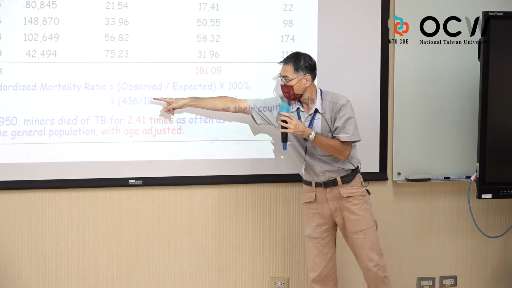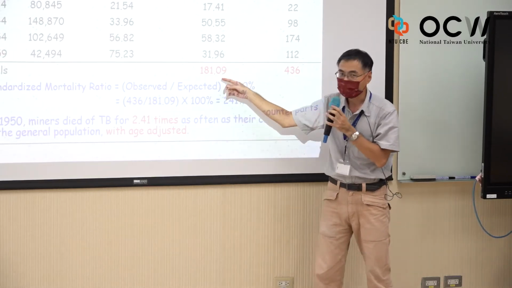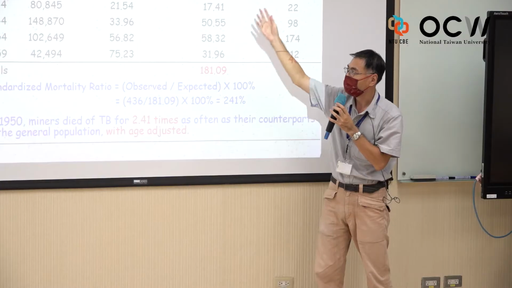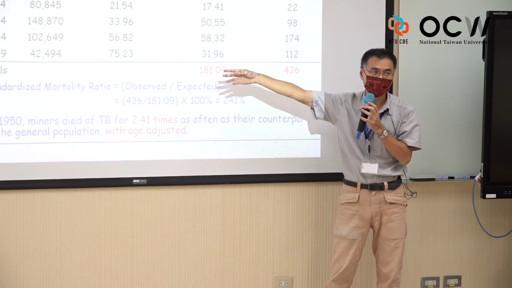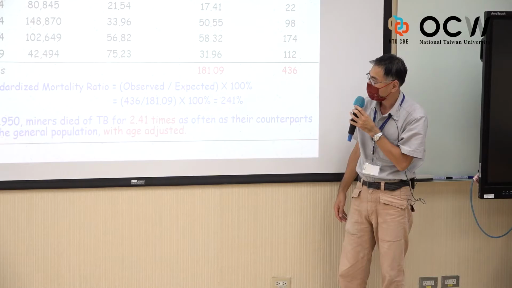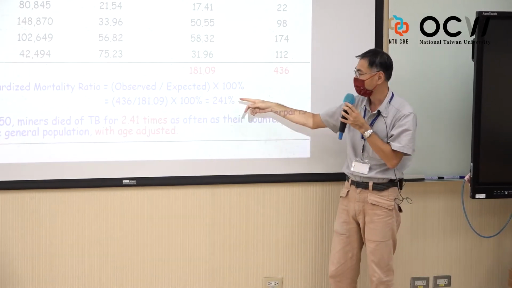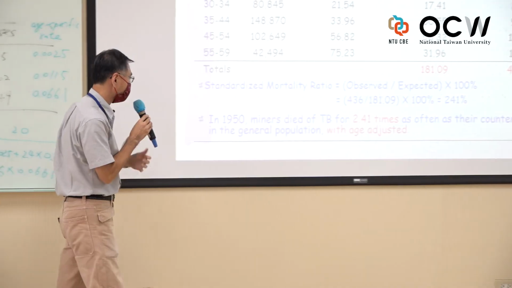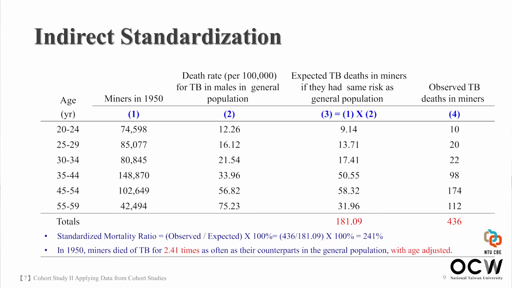If we use the 436 divided by the expected one, which is the number that's supposed to happen if they have exactly the same age-specific mortality rate as the general population, then the standardized mortality ratio is 2.41 or 241%, more than two-fold. So we can make the conclusion that in the 1950s, miners died of TB 2.41 times as often as their counterparts in the general population, with age adjusted.